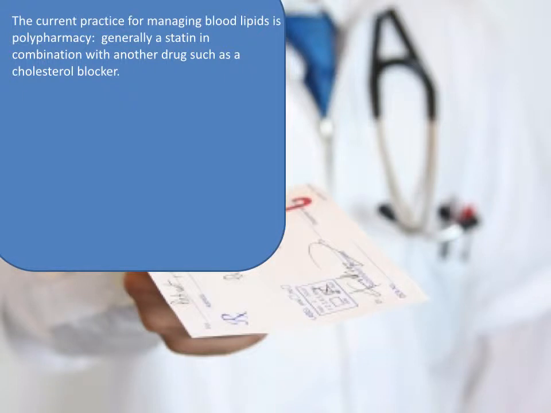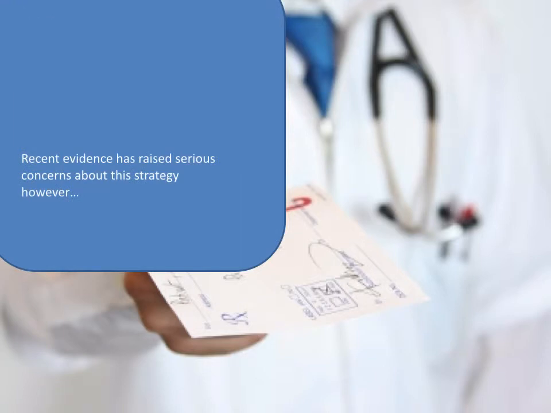So as you are aware, the current practice for managing blood lipids is utilizing a long list of medications in combination, usually a statin and a cholesterol blocker, but we know this isn't without side effects.